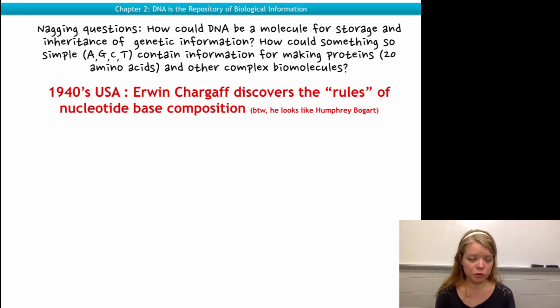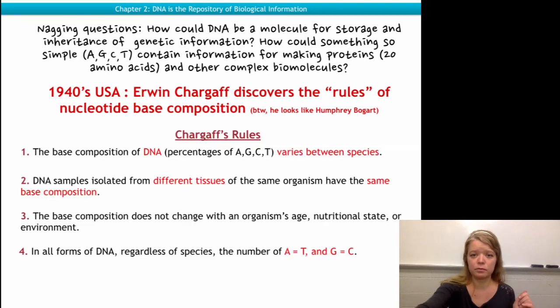He was also working in the 40s and the early 50s, and he discovered through very careful measuring experiments 4 different rules of nucleotide base composition in all living organisms.